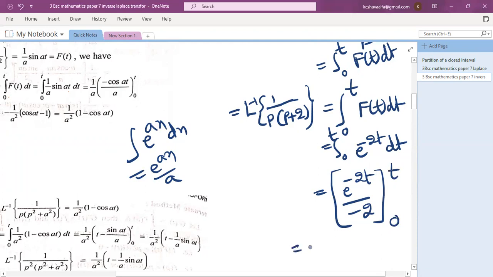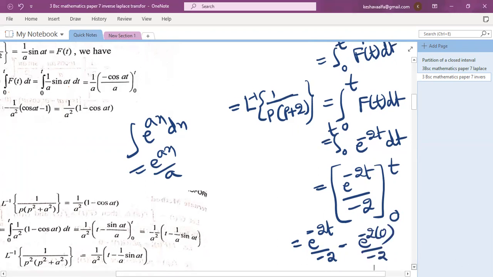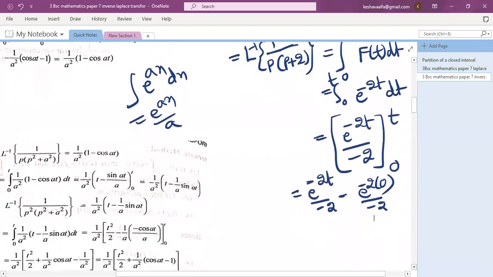The upper limit gives e power minus 2t by minus 2, minus the lower limit e power minus 2 into 0 by minus 2. Taking the common factor minus 1 by 2, we get minus 1 by 2 times e power minus 2t minus e power 0. We know that e power 0 is 1.